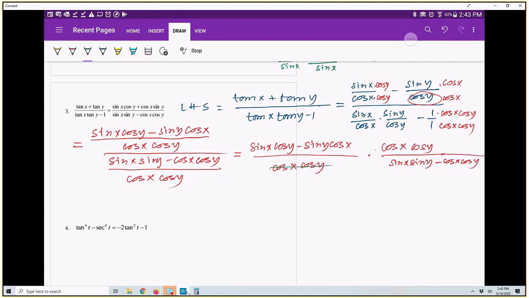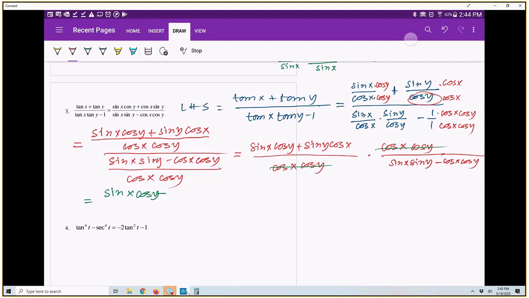I can cancel the cosine x cosine y with each other, so what I'm left with is sine x cosine y plus, so on the top this was a plus, so it was my mistake, so just keep the sign on the top as a plus.